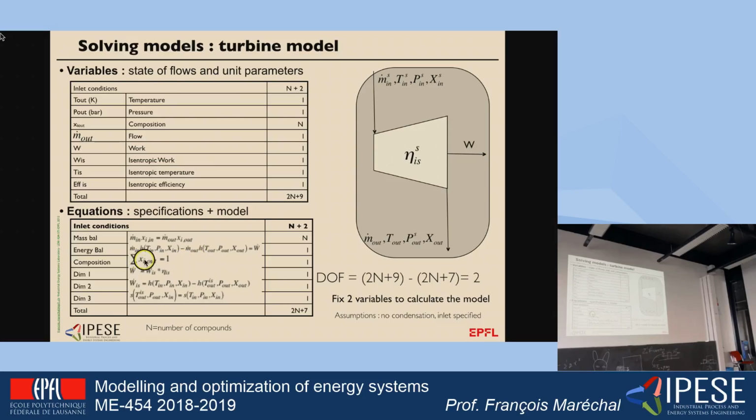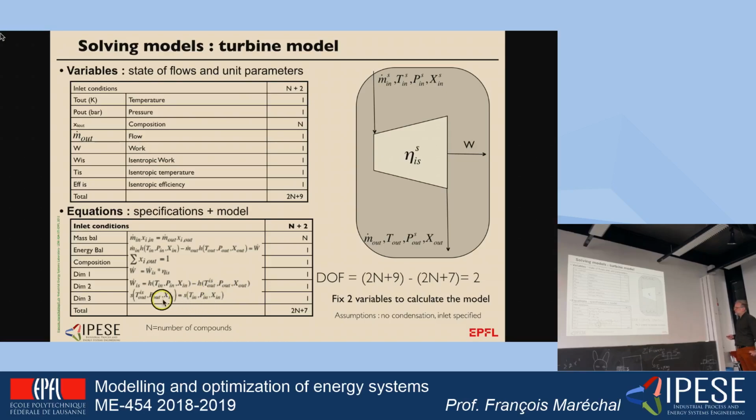Composition equations say that the sum of the concentrations is equal to 1. And then the modeling equations are, for example, telling me that the mechanical power is equal to the isentropic power multiplied by the isentropic efficiency, and that the isentropic power is calculated by making the difference between the enthalpy at the inlet and the enthalpy that results from the isentropic expansion.